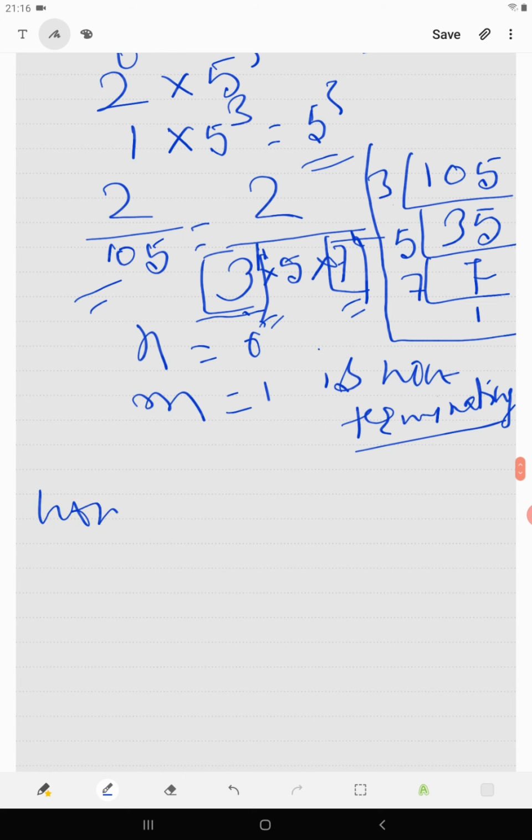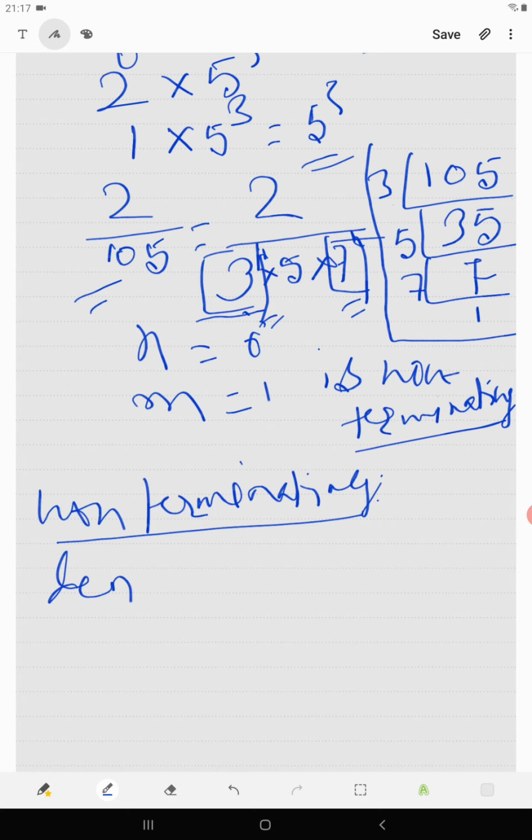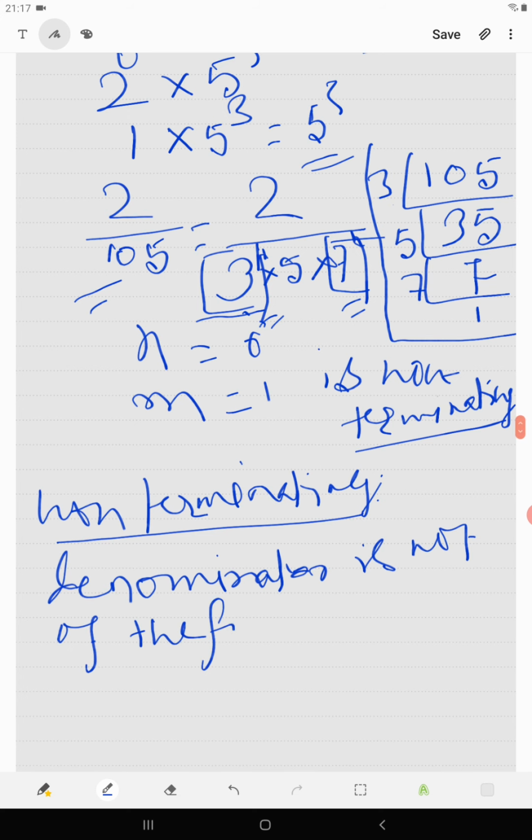So non-terminating are fractions where the denominator is not of the form 2 to the power n into 5 to the power m.